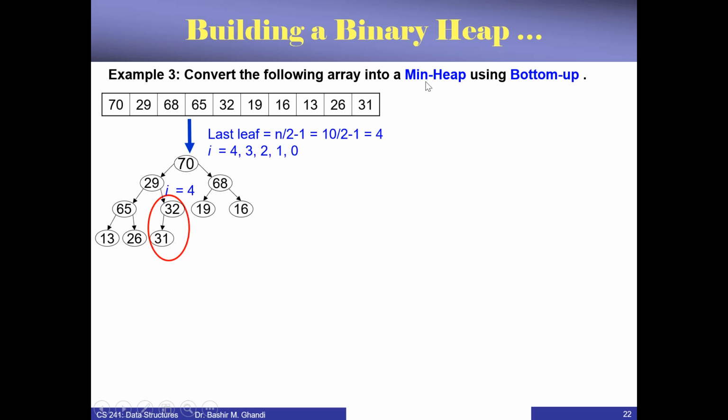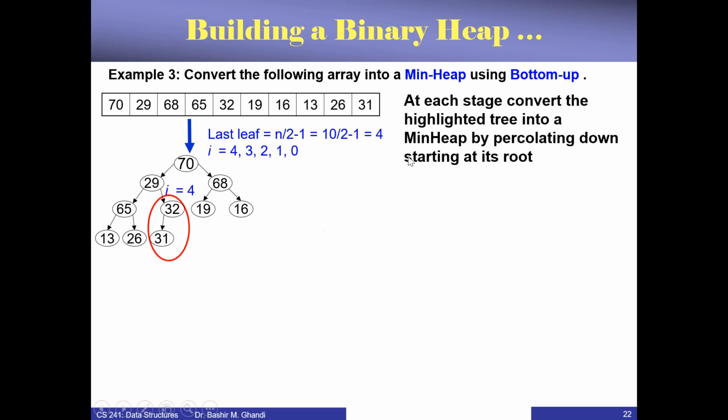In this case, we are asked to construct a min heap. If you see, 32 is bigger than 31, so there is a need for a swap here. Since we are constructing a min heap, 31 will go up and 32 will come down. At each stage we need to convert the highlighted tree. We will be highlighting the tree in red, the tree rooted at these indexes.